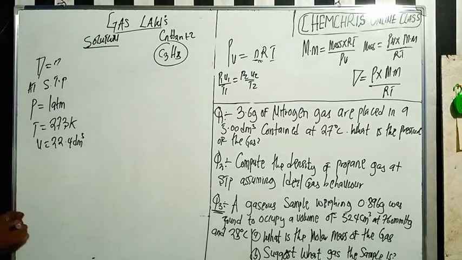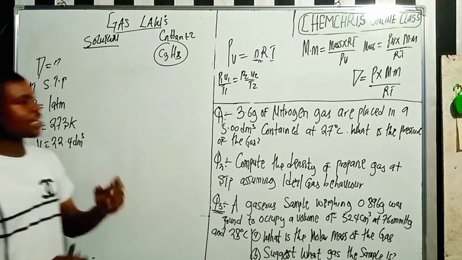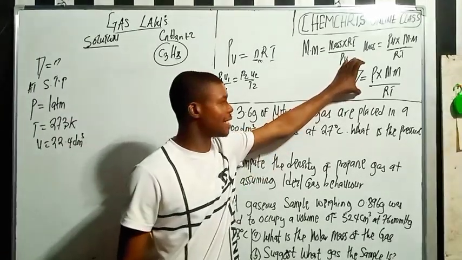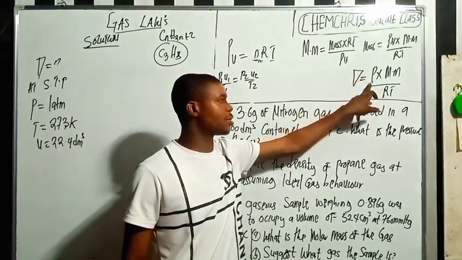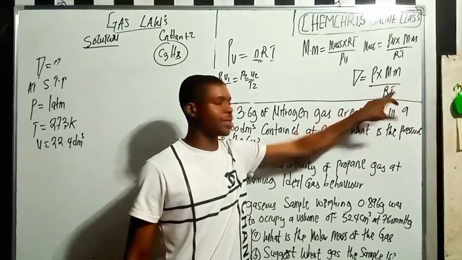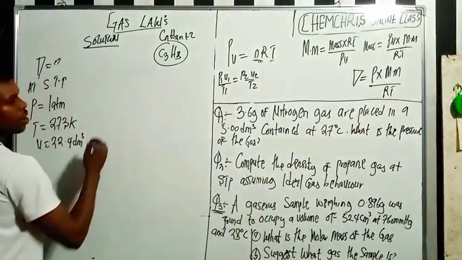Do you understand? Now they're talking about density, and the formula to calculate density is D equals pressure times the molar mass over RT. So this is the formula we are using.